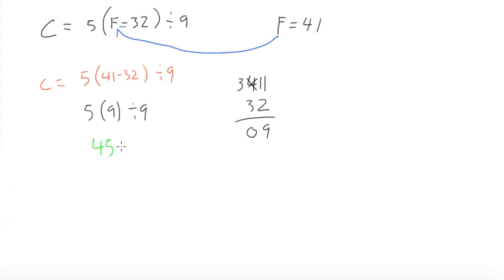Then we divide that by 9, and that equals 5. So Celsius would equal 5 degrees if Fahrenheit equals 41 degrees.